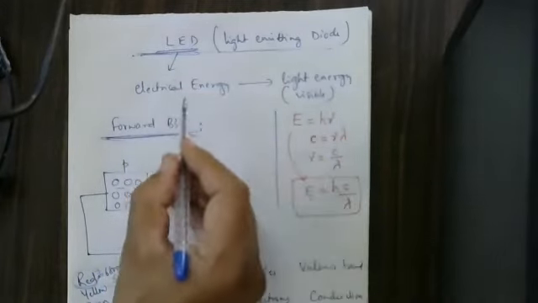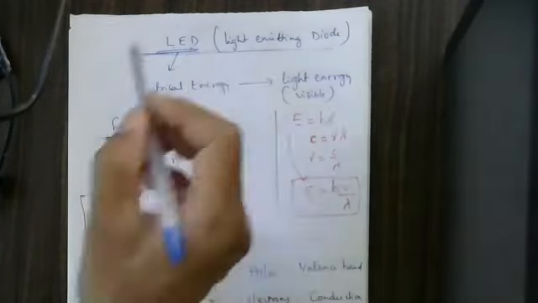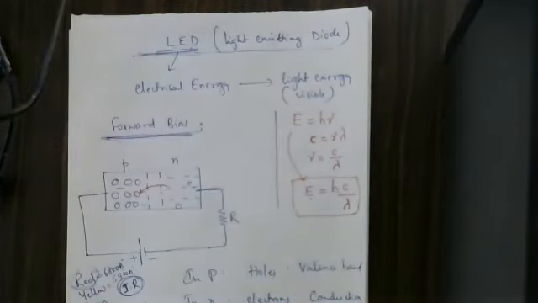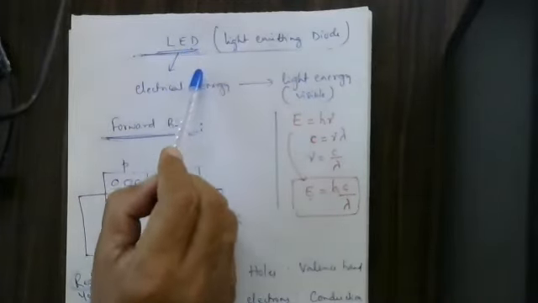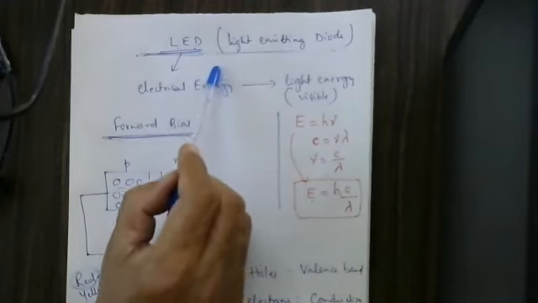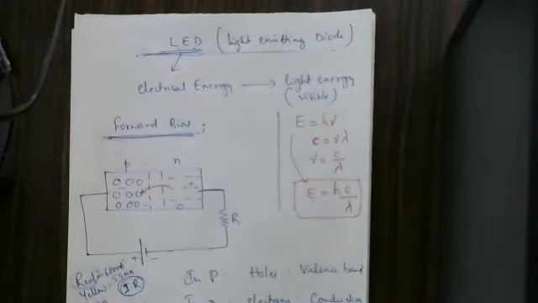Heat energy is very low here. Therefore LEDs are useful at home to reduce our burden of electricity bills. If you replace all the bulbs with LED bulbs, your kilowatt-hour bills are going to decrease.